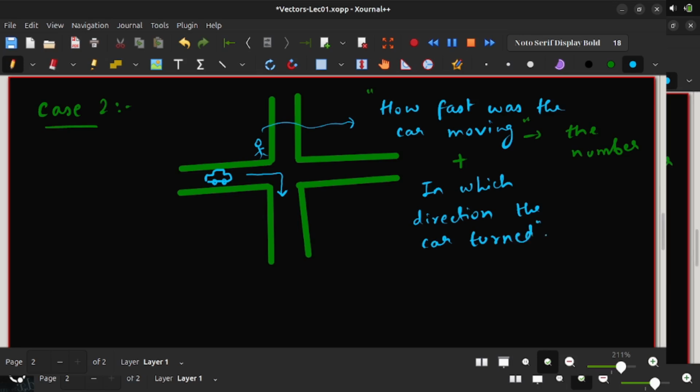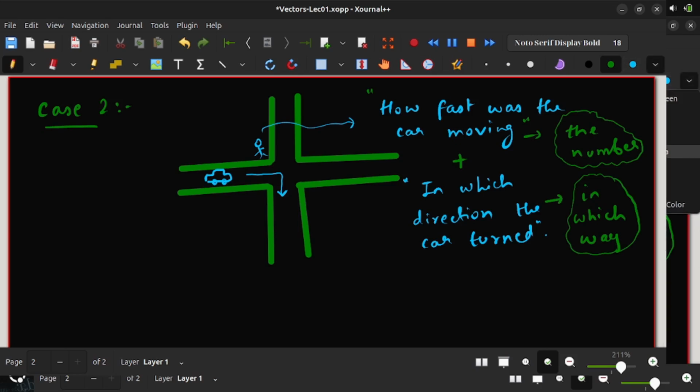So this information tells me in which way he was moving. This number plus this information of which way he is moving gives me two bits of information of this whole process.